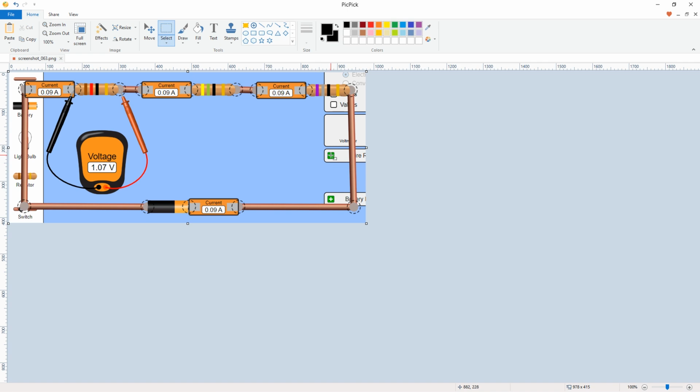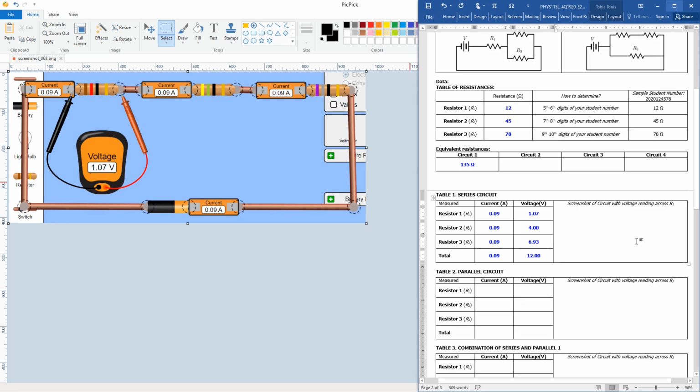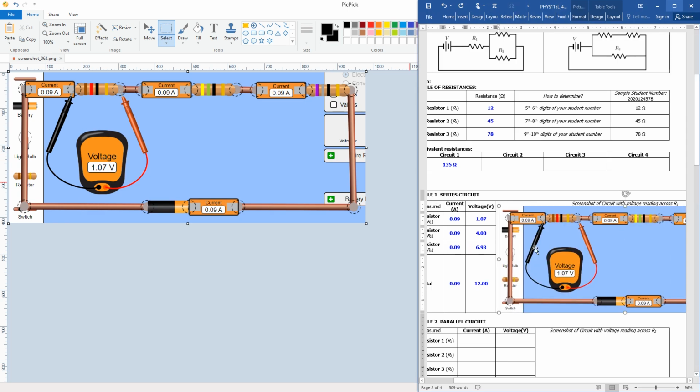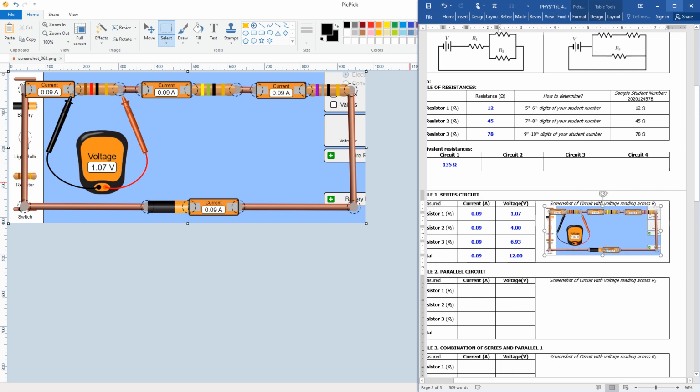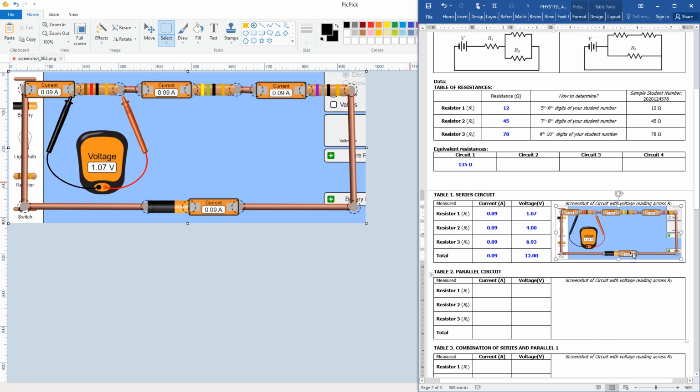So copy, and then we place it here. As I mentioned before, make sure that you resize your figure to fit in the space, and that is your result for table number 1.